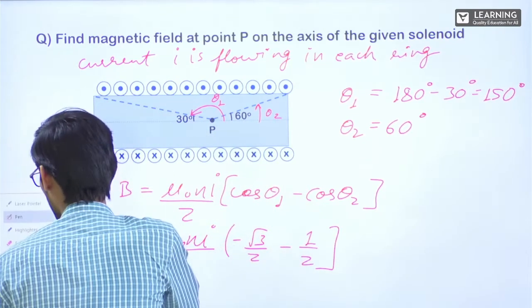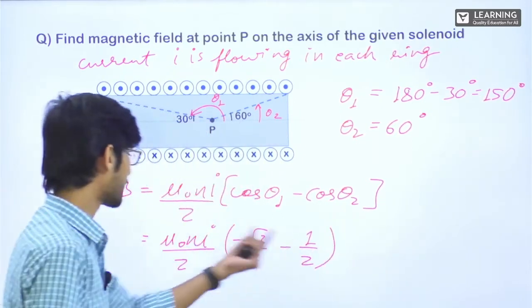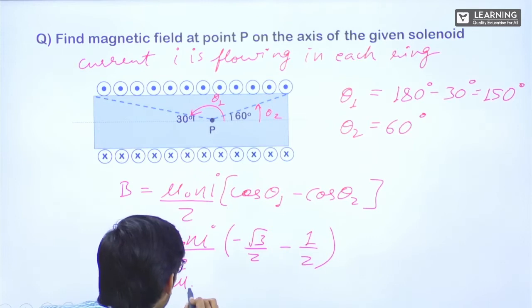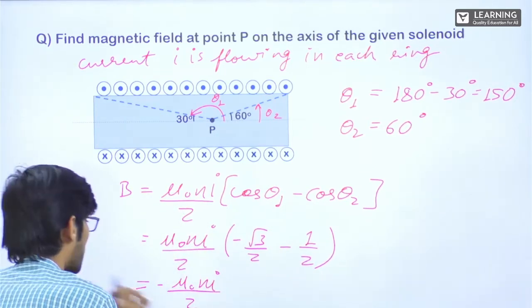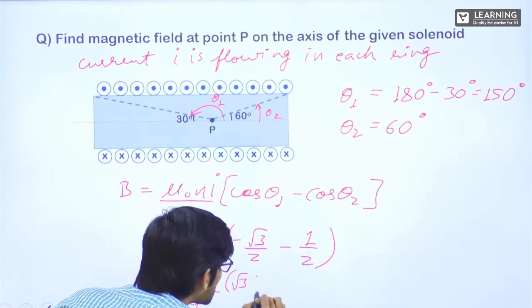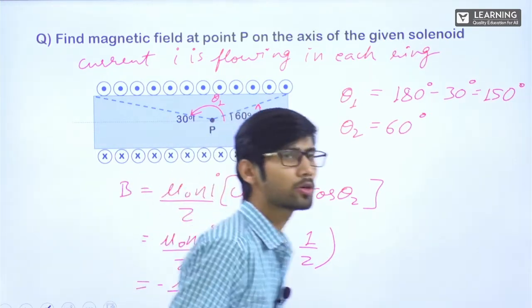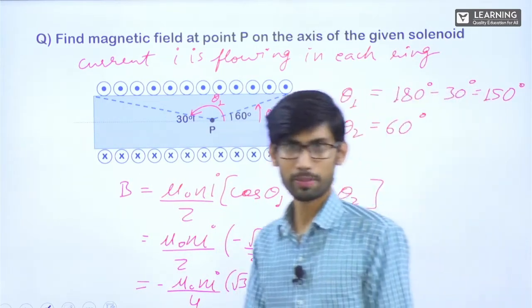So a minus sign will come out. Don't worry about the minus sign. This will be minus mu naught Ni by 2 by 4, root 3 plus 1. Don't worry about the minus sign. Minus sign only indicates the direction of the magnetic field.